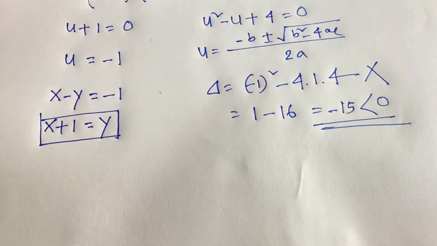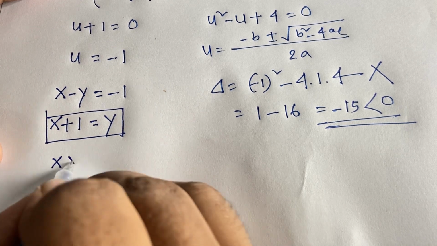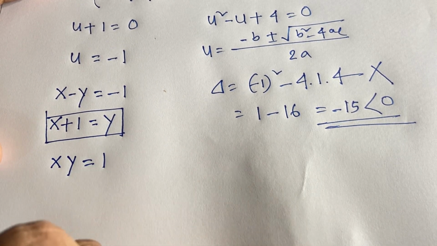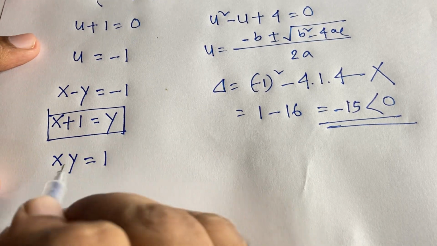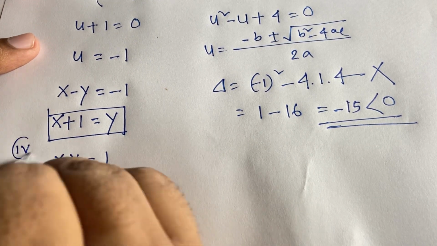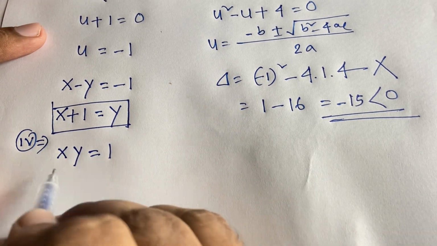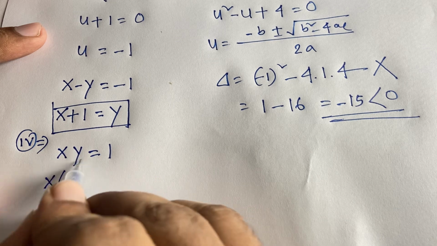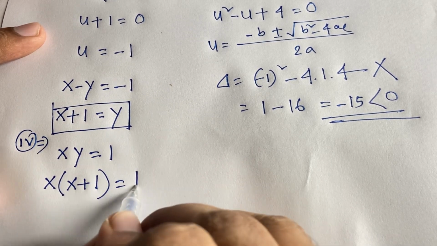And remember that our other equation, it will be xy is equal to 1. Yes, this is our fourth equation. So according to the fourth equation, I can say that xy it will be 1, but I put this value in this case, so we'll find out x times y it will be x times x plus 1 is equal to 1.